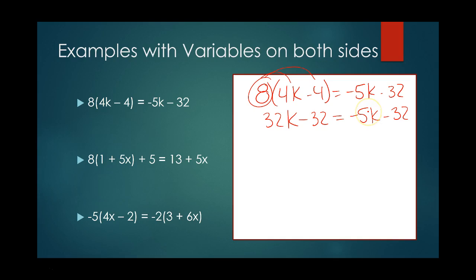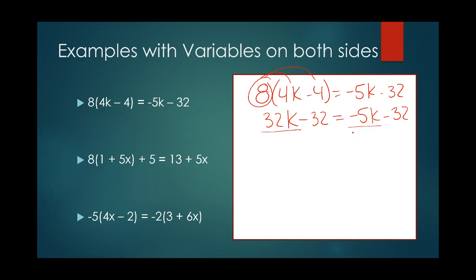Now let's utilize step 2. So let's get that k to the one side. It does not matter if I take the 32k from the left to the right, or if I take the negative 5k from the right to the left. It does not matter. I'll give you some tricks. So if I'm looking at a positive 32k and a negative 5k, I would choose the negative all the time.